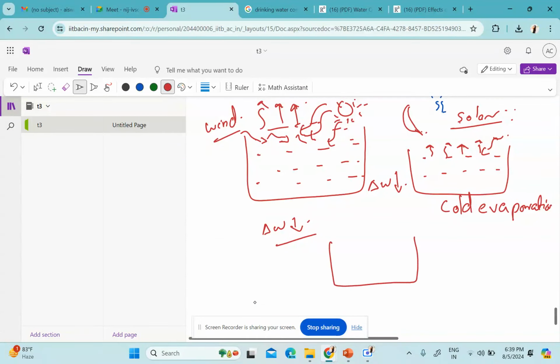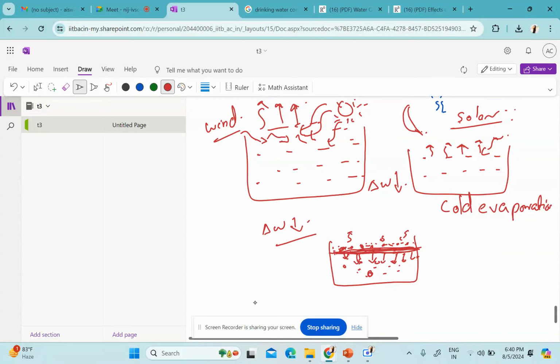So the cold evaporation means water molecules are present at the interface, and the attraction force of these molecules towards the other molecules is less. So the molecules present in the top section, if there is a small wind or something, are always in motion. So these molecules can easily escape from the bond with the other molecules present in the down section.